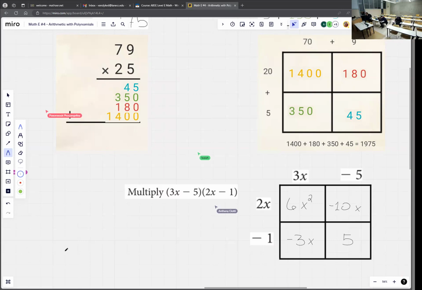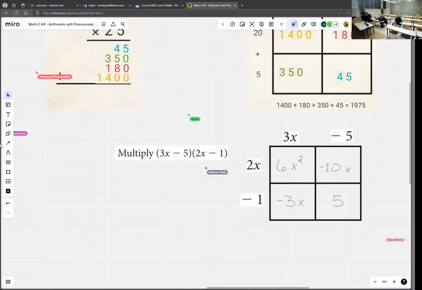Whenever we do it this way, the only things that really stick together are the two corners that have x's in them, because those are always the same kind of thing, at least with polynomials of this pattern, where an x and a plain number are in both of them.